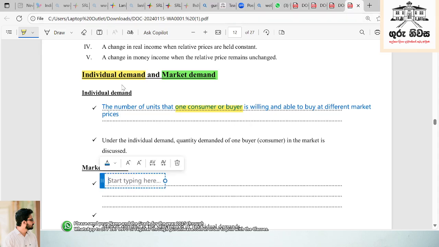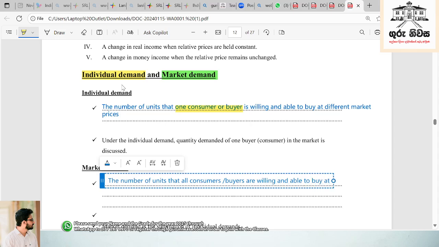Write down the number of units that all consumers, or we can say buyers, are willing and able to buy at different market prices.